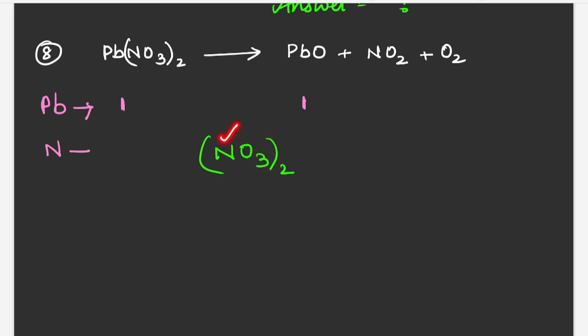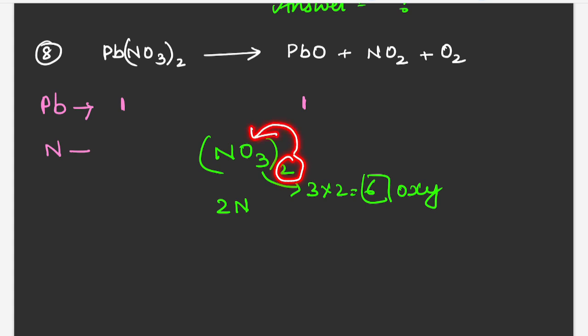So when you count how many nitrogen atoms there are, you multiply N with this number: N into 2 is 2 nitrogen. Whereas for oxygen, you multiply because 3 belongs to oxygen. 3 2s are 6, so 3 into 2 is equal to 6. There are 6 oxygen atoms. This is how you multiply: the 2 belongs to both the atoms, whereas this 3 belongs only to oxygen. Is that clear?